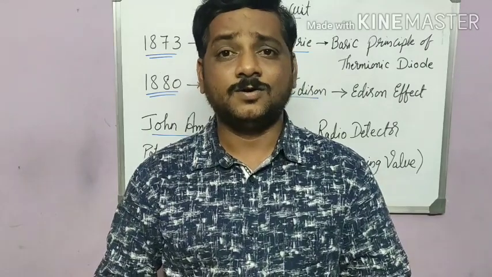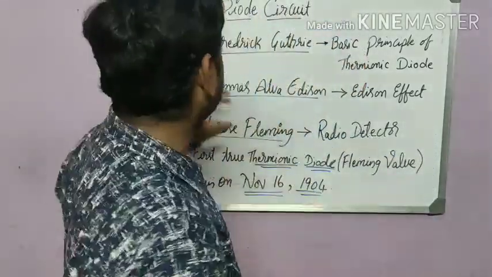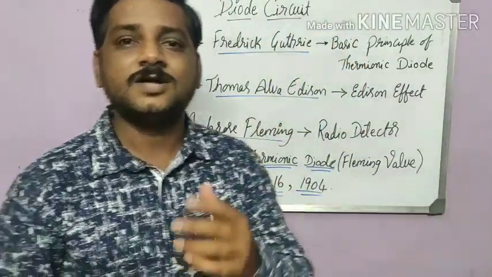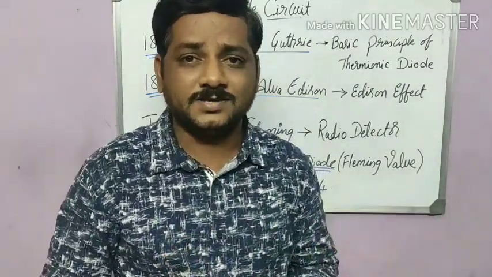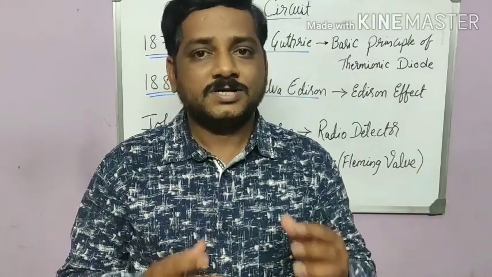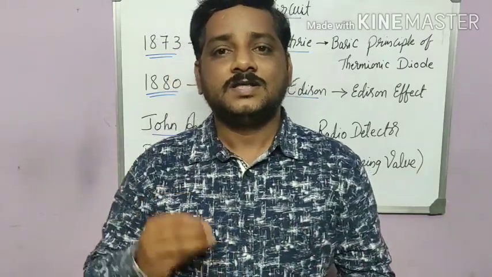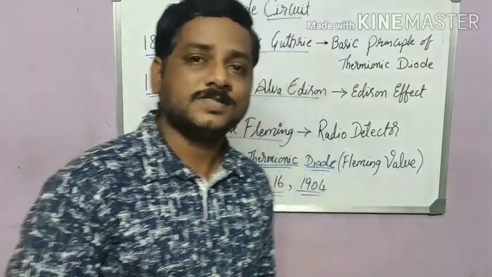So now let's see what the history of the thermionic diode was. On the board I have mentioned a few points so that you can take a note. This is not going to be asked in any competitive exams or even a general engineering or diploma degree, but you need to have an idea of these concepts, which we will discuss in future. So now let's look into that story.